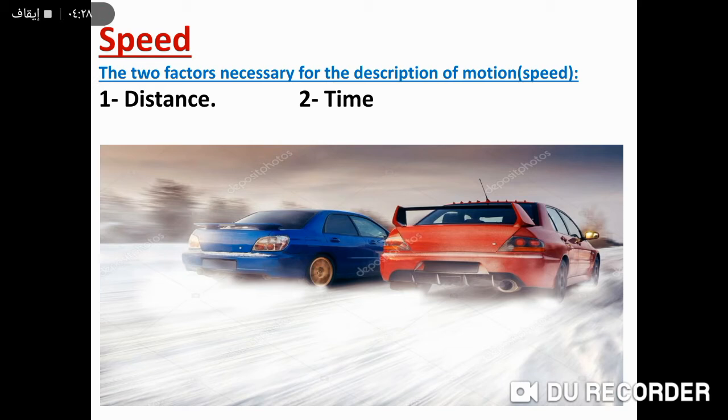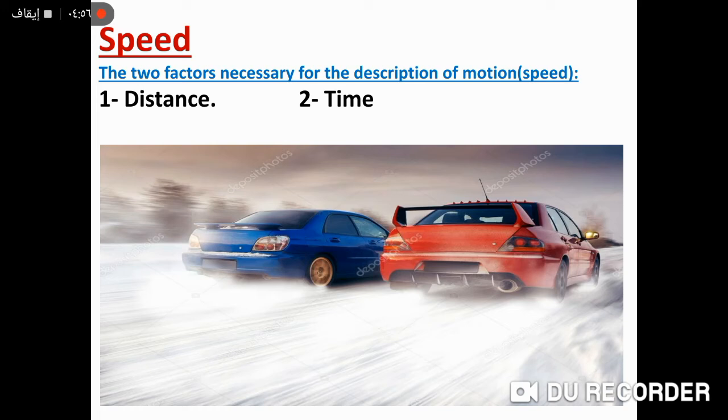You will answer the red car is faster. Why? Because the red car takes a shorter time, less time than the blue car. So the second factor that affects speed is called time.